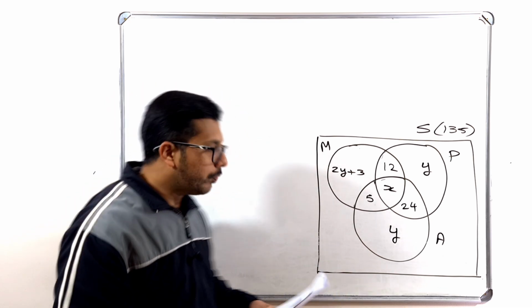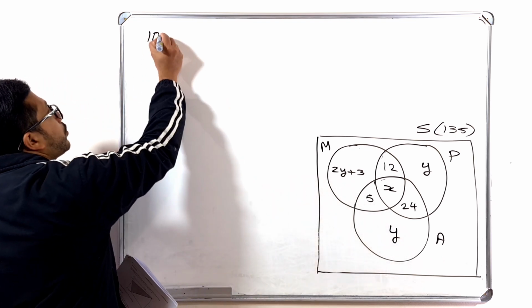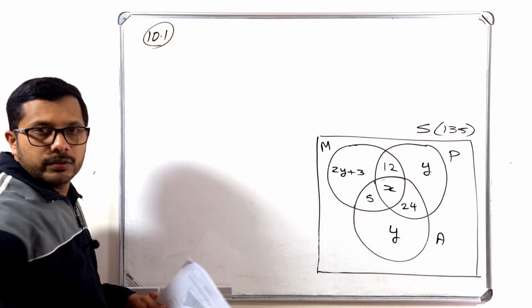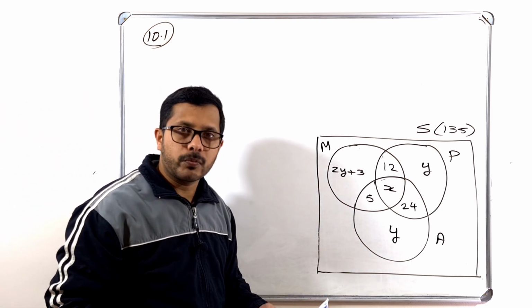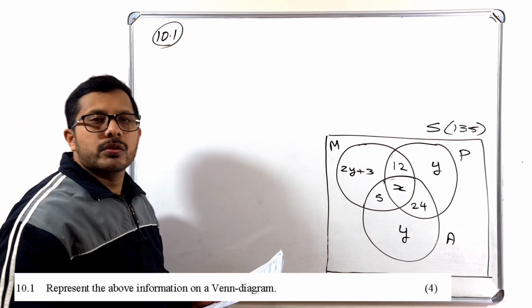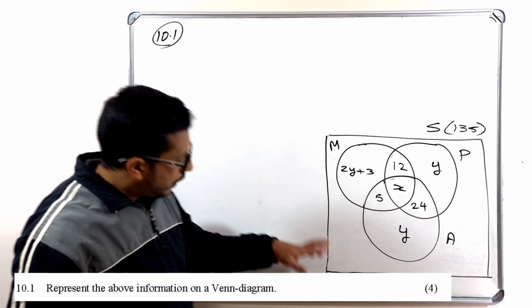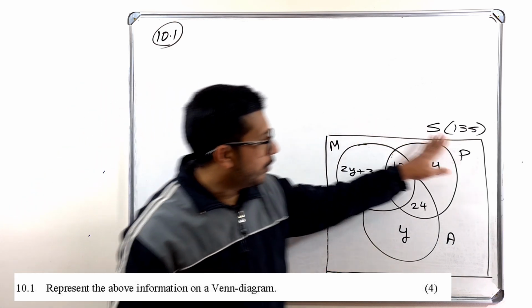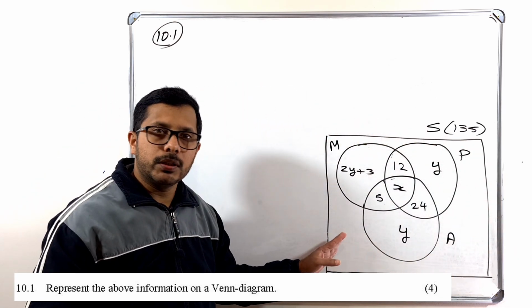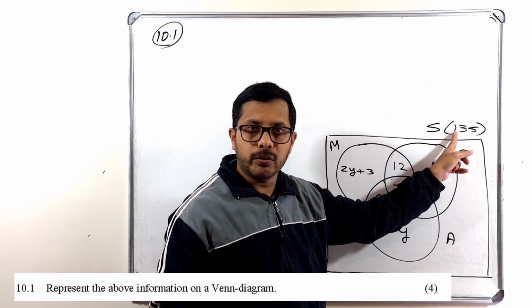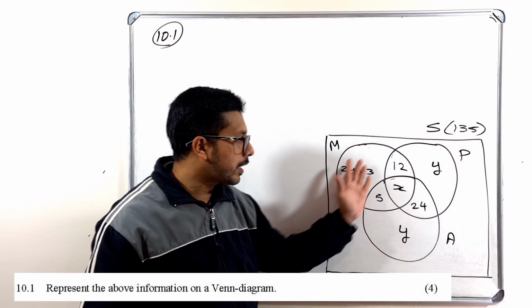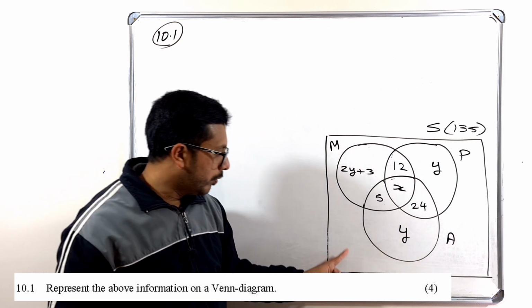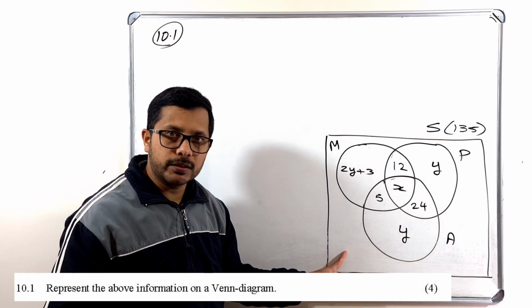First question, 10.1, is to draw a Venn diagram. So how can you find this number? The overall total, what is the number? 135. If you subtract the sum of this from 135, you will get what is outstanding there.